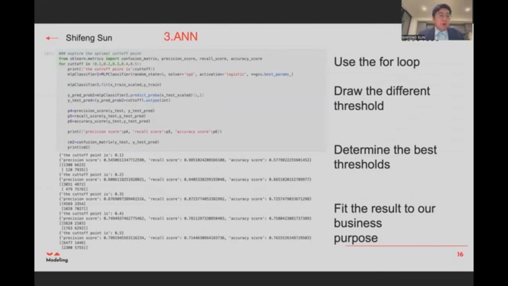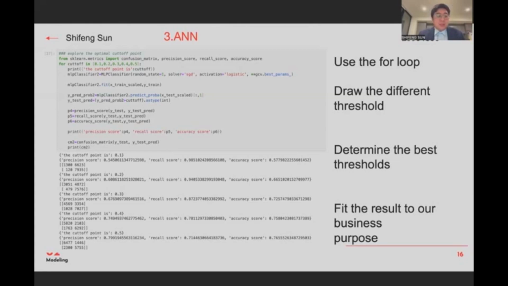Finally, I use a for loop to put different thresholds in my model. The for loop result shows that when the threshold is 0.4, they have a very good accuracy score and recall score together.